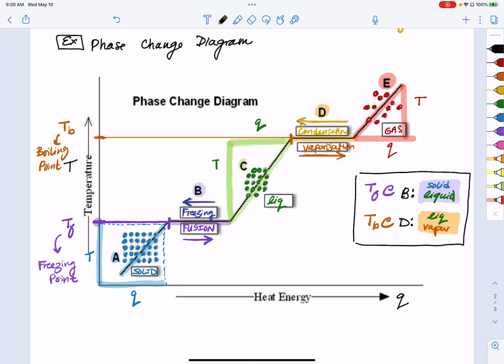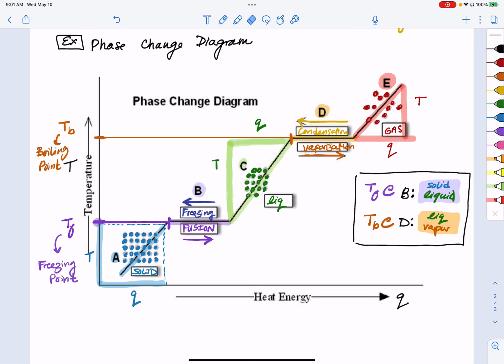And we're going to continue to absorb some amount of heat until we have fully changed phase of all of our substance. So that's why we see these flat line regions here, shown in purple and in orange. So this is a phase change diagram.